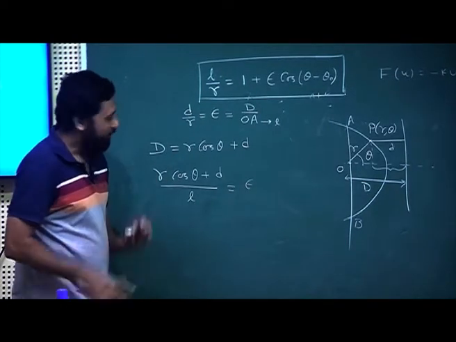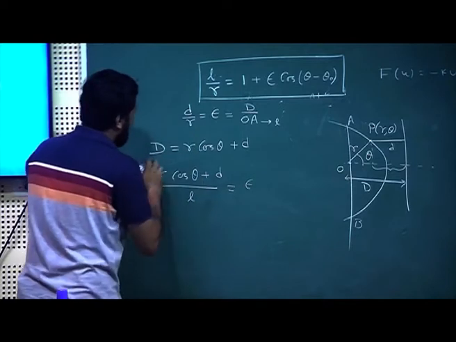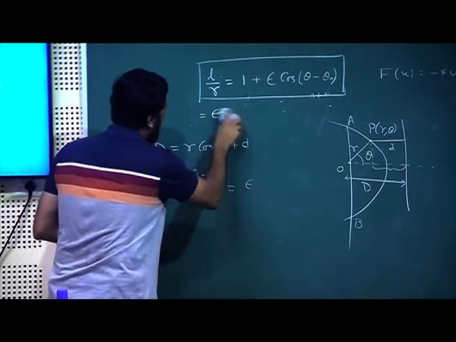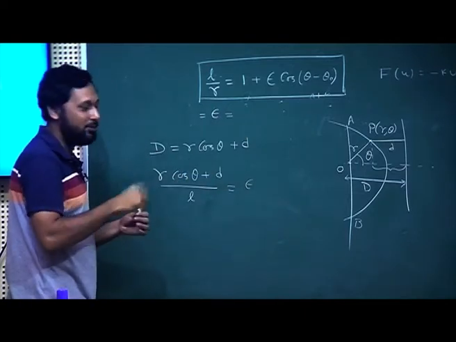Mistake. Sorry, the ratio is defined as r by d, not d by r. So, what I defined is the inverse of epsilon, 1 over epsilon, not epsilon.